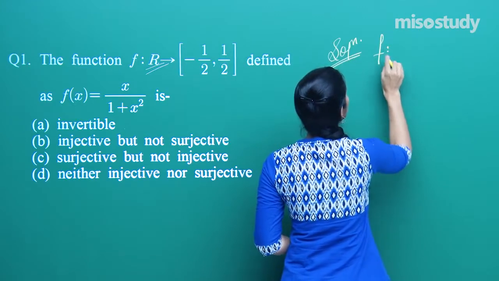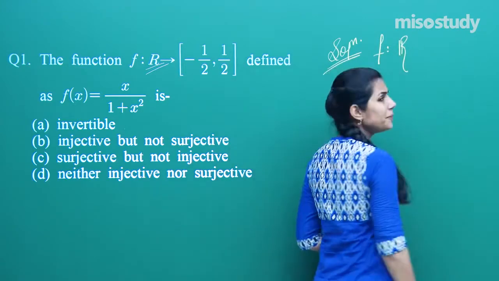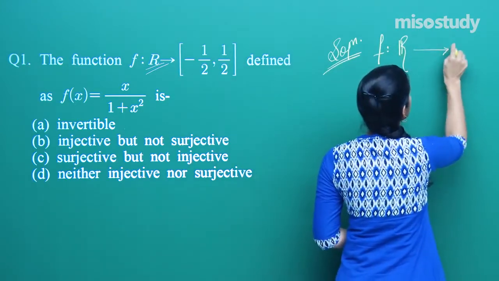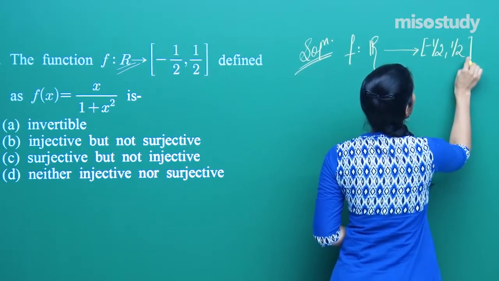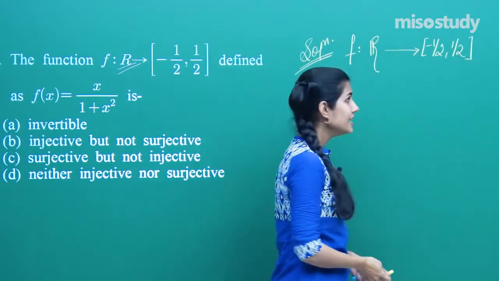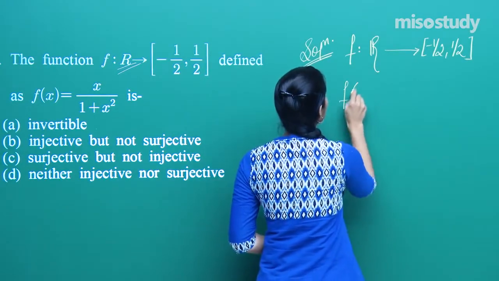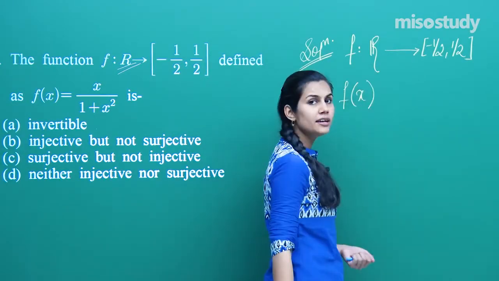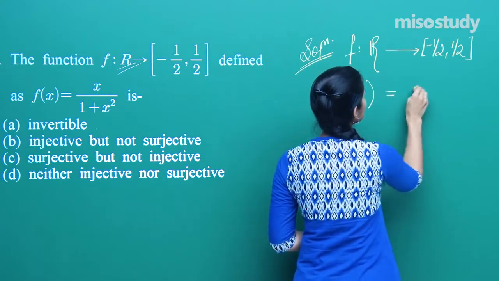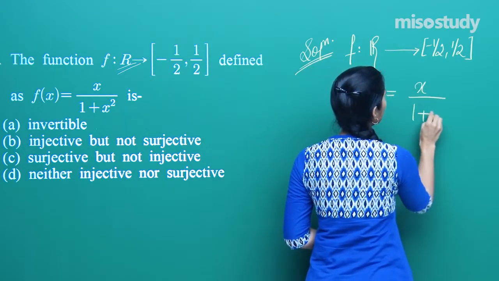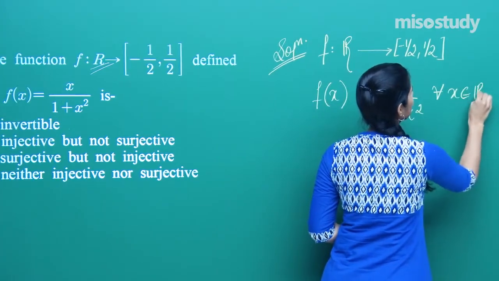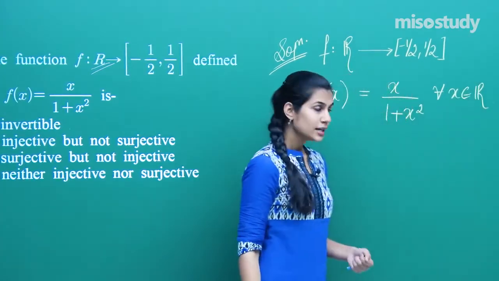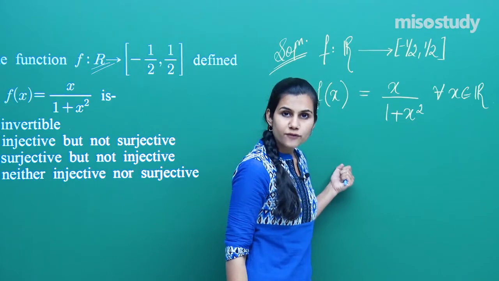f is given to be a function from the collection of all reals to the closed interval [-1/2, 1/2], such that when f acts upon the real number x, it returns the output x upon 1 plus x square. Now, observe one thing carefully.